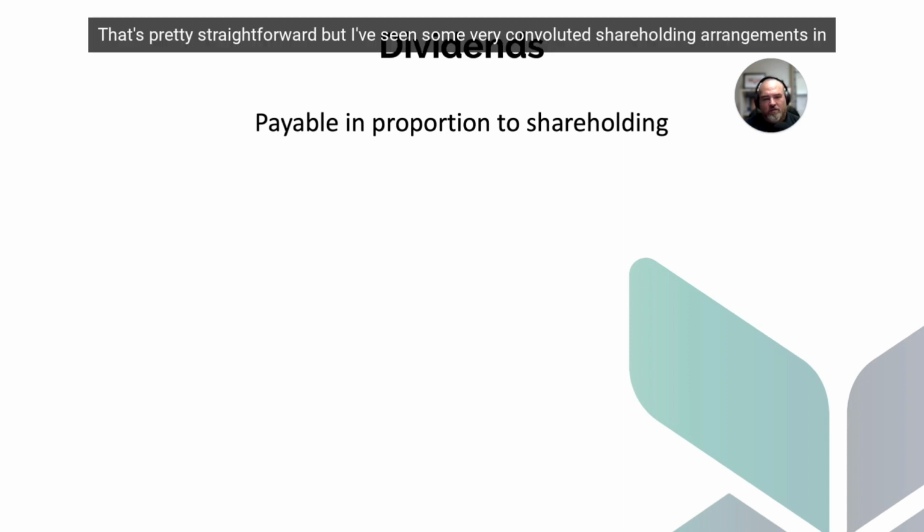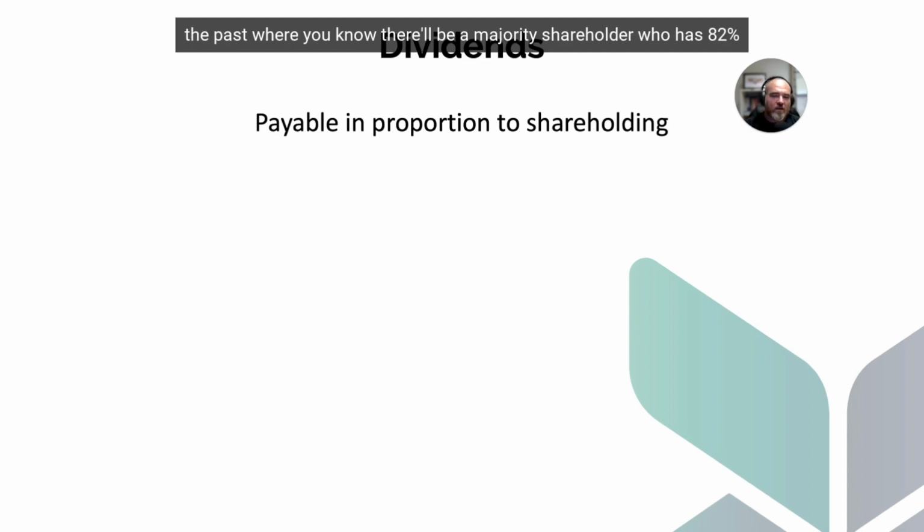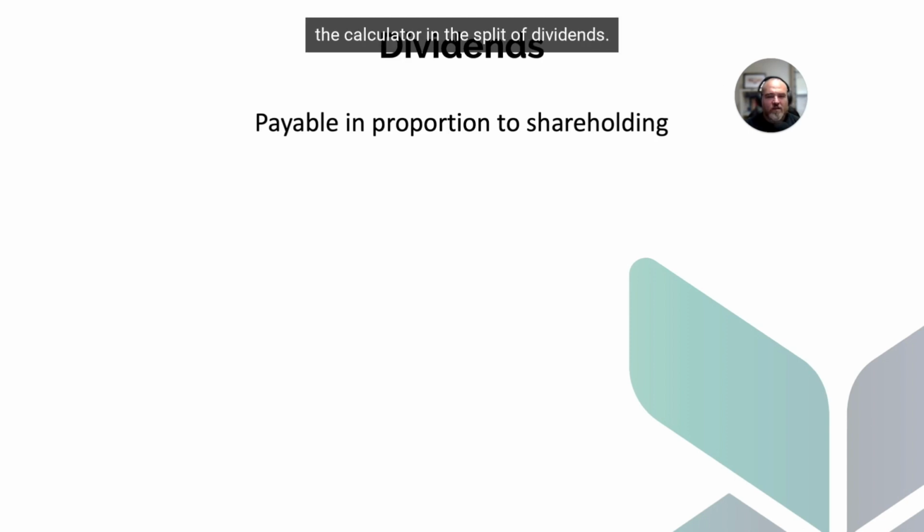That's pretty straightforward, but I've seen some very convoluted shareholding arrangements in the past where there'll be a majority shareholder who has 82%, and then there's 50 other shareholders that have 0.something% each, and it can get very, very complicated calculating the split of dividends.